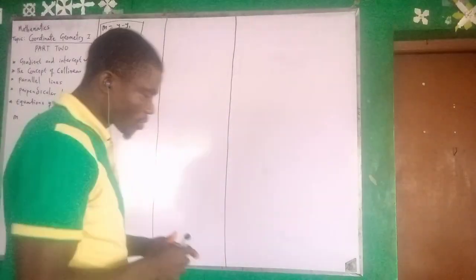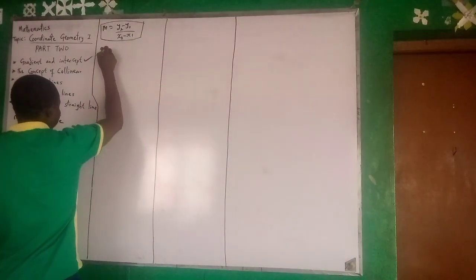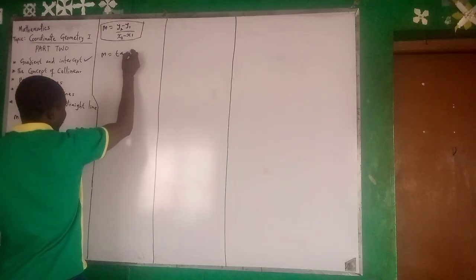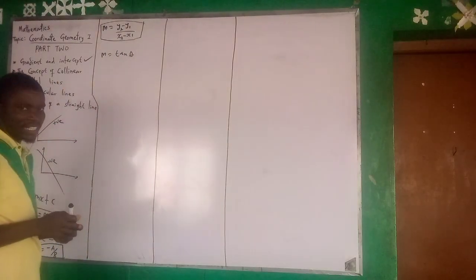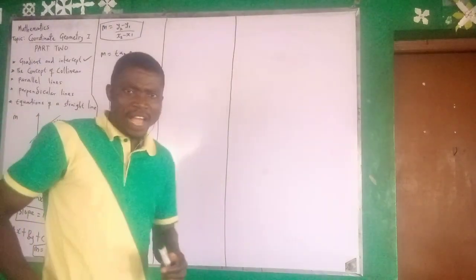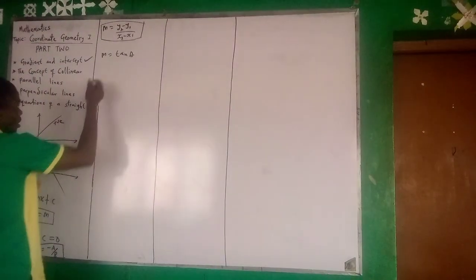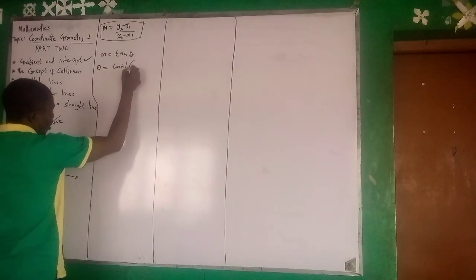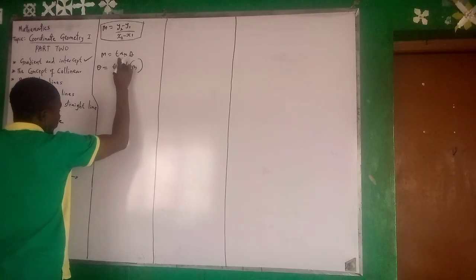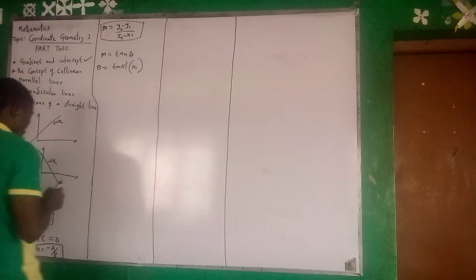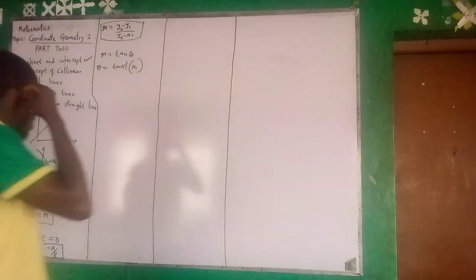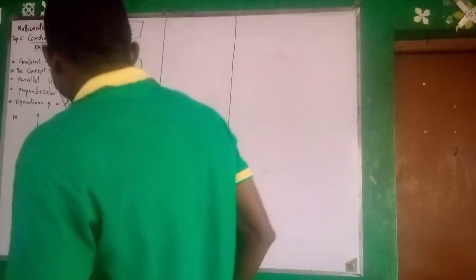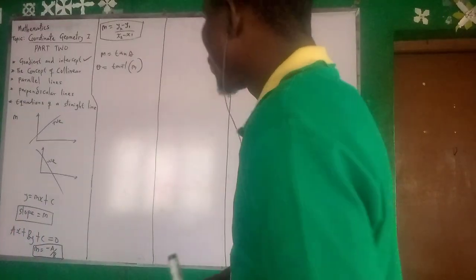In that case, the slope m becomes tan theta, where theta is the angle of inclination. And to find theta itself, theta becomes tan inverse of m. Alright, and that is all you have to know when it comes to slope.